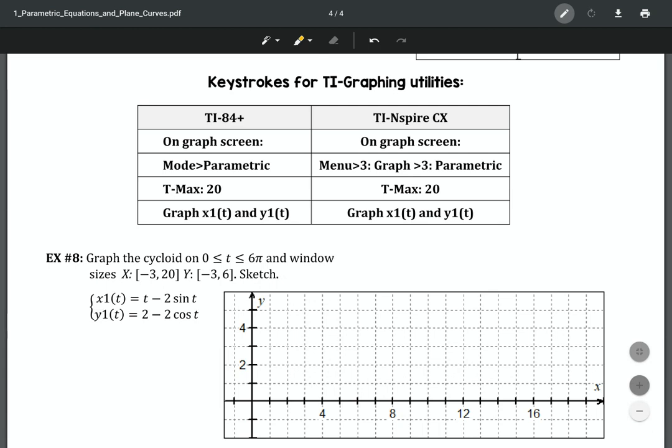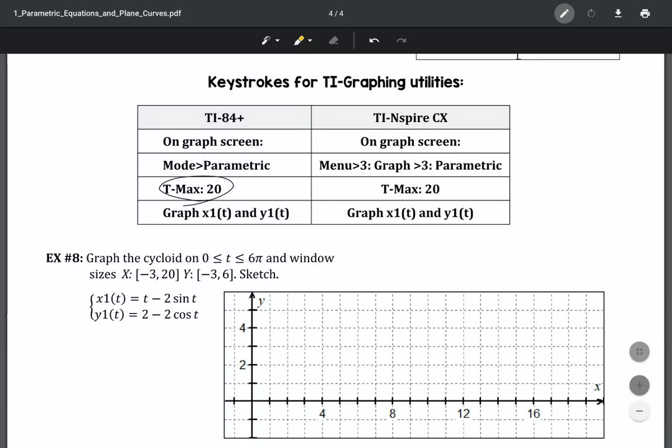And then it says T max is equal to 20. You're going to notice that automatically if you go to the parametric mode. When you go to y equals, it'll actually say x1, y1 with a t beside it.